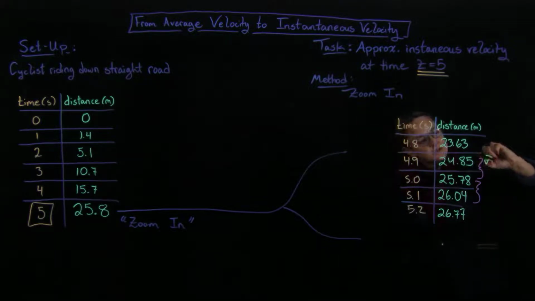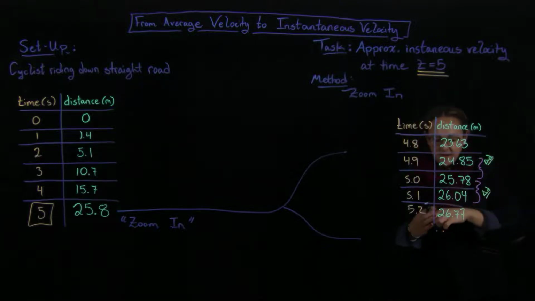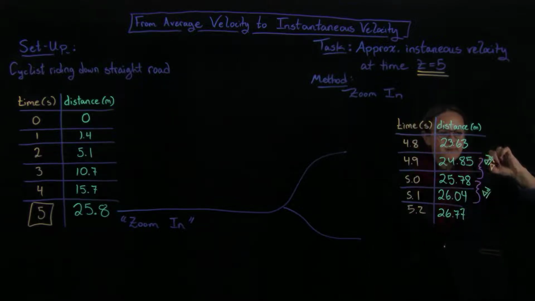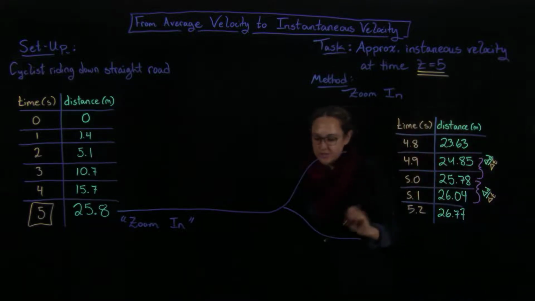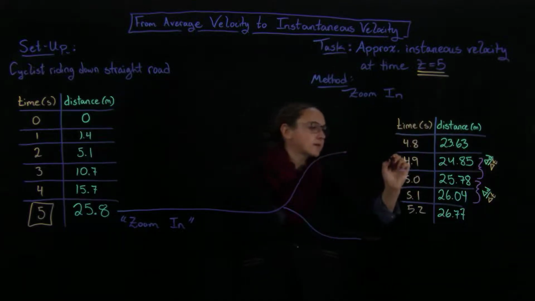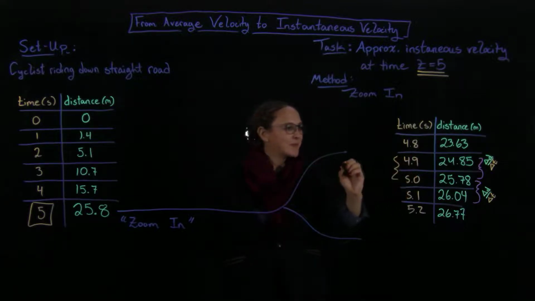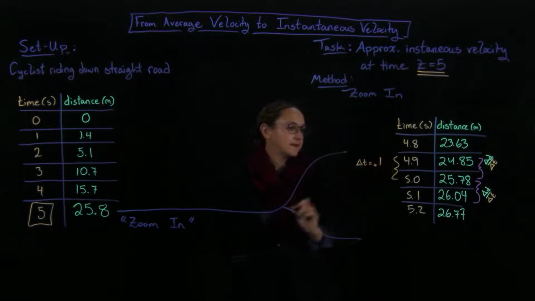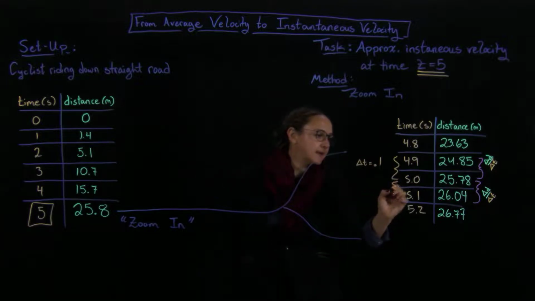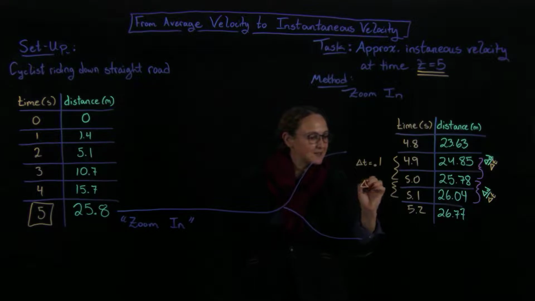So we want to figure out the change in time. On the interval 4.9 to 5.0, the change in time is now 0.1 instead of 1. And the same thing for the interval from 5 to 5.1: again 0.1.